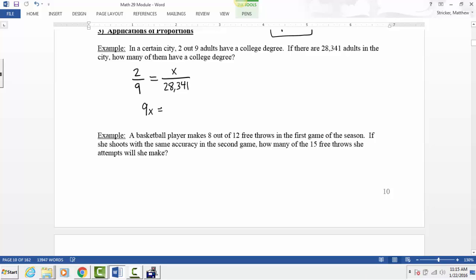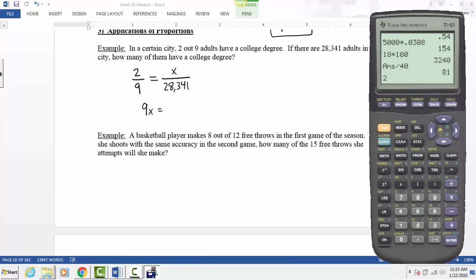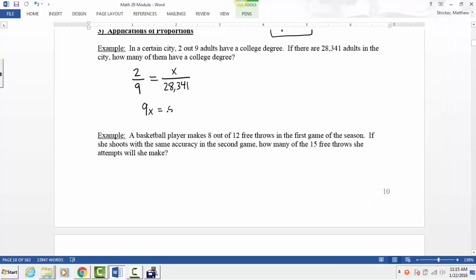That has to be equal to 28,341 times 2, that's 56,682. And then we divide by 9.